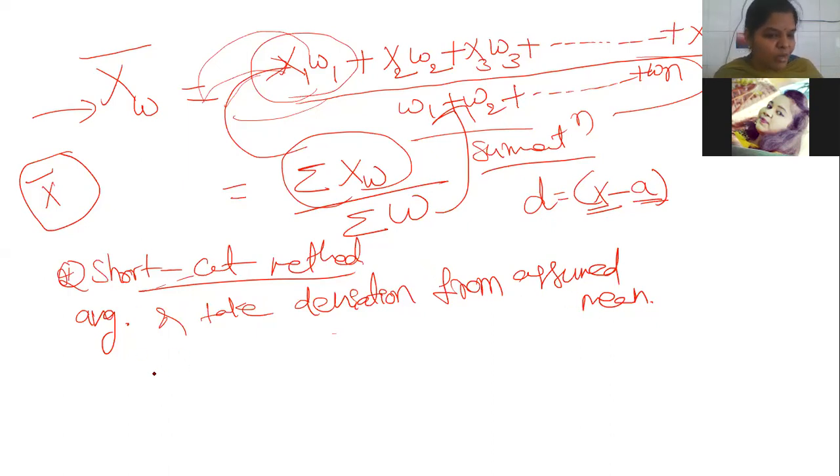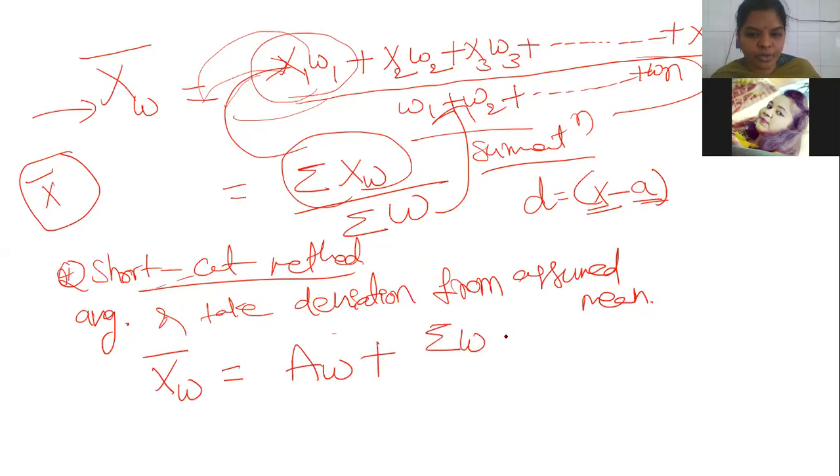So in the same manner, here you need to calculate the deviations from the assumed mean. So the formula will be x w bar is equal to a w plus sigma w into dx divided by sigma w. Just write down the formula.